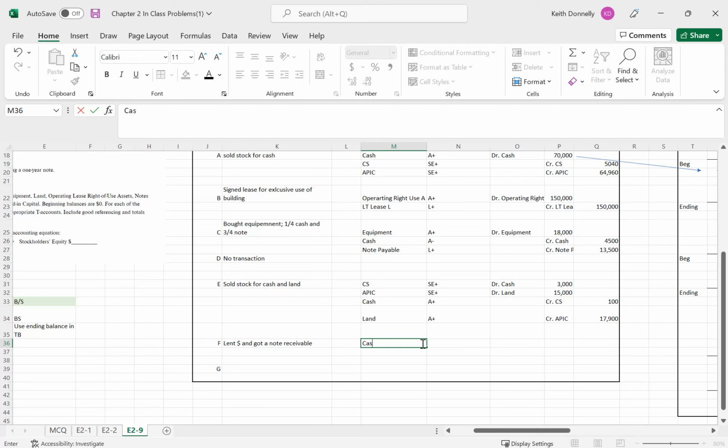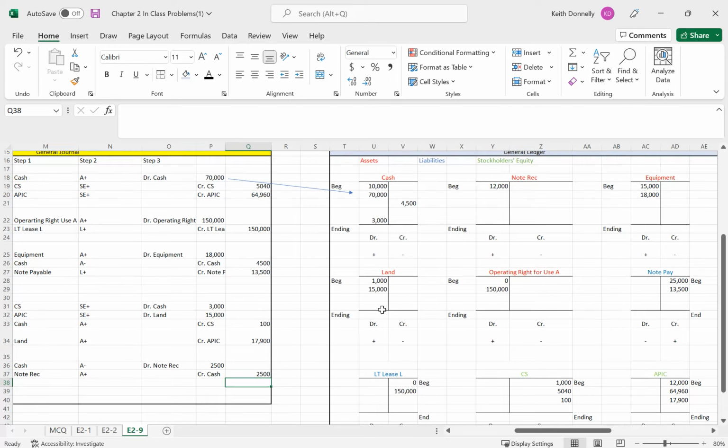So we have cash, a note receivable. Cash is an asset. It went down, right? We have less cash. Note receivable is an asset. It went up, right? So we're going to debit note receivable for 2,500. We're going to credit cash for 2,500.